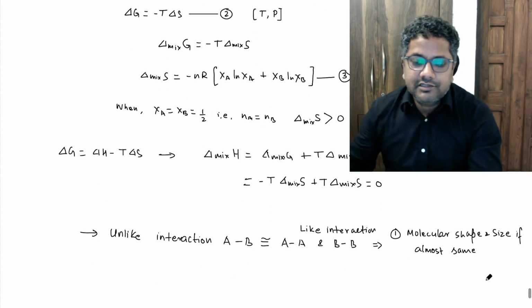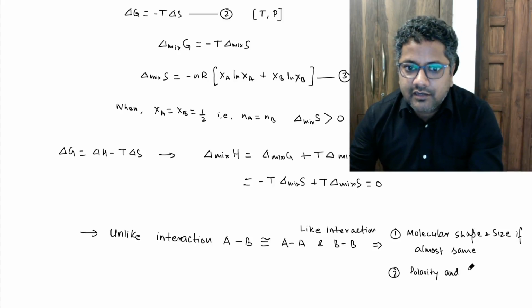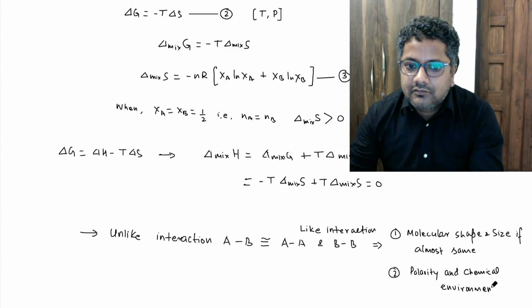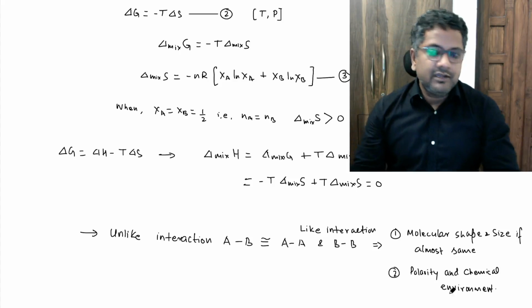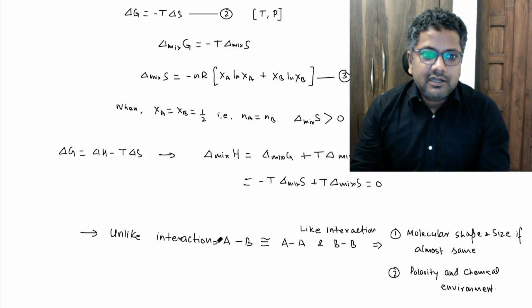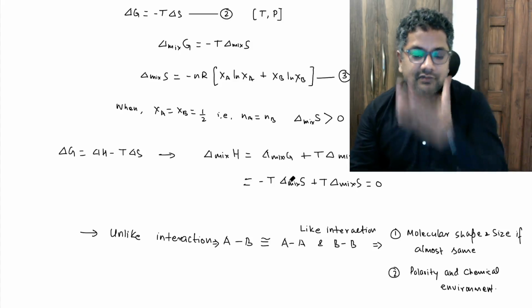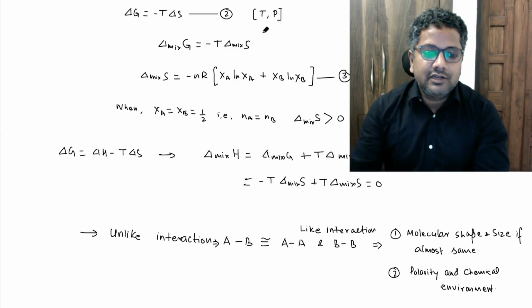And the second factor is polarity and chemical environment. So if polarity and chemical environments are the same and molecular shape and size are the same, then this is possible, right? And see, I have shown here almost equal to. We cannot say this is equal. So delta H is equal to 0, and then these two conditions are also satisfied.